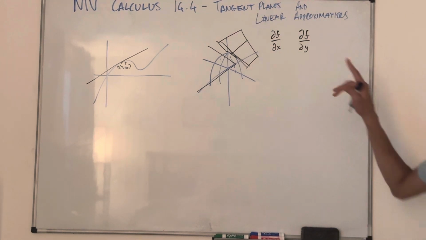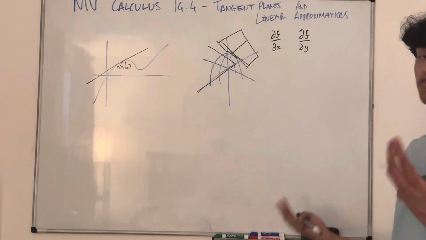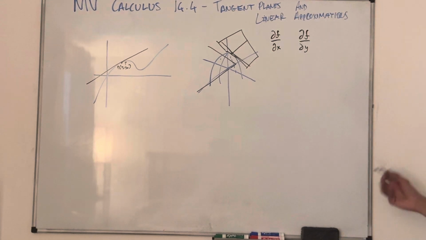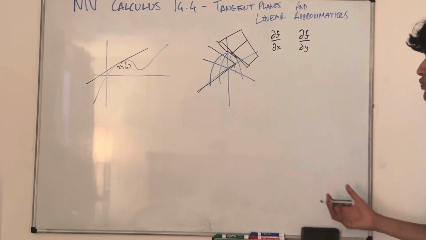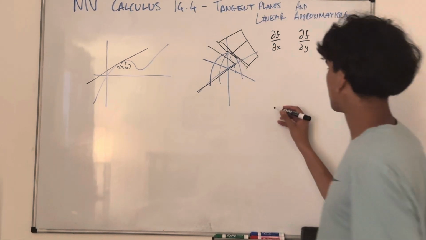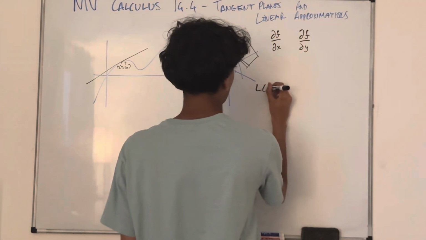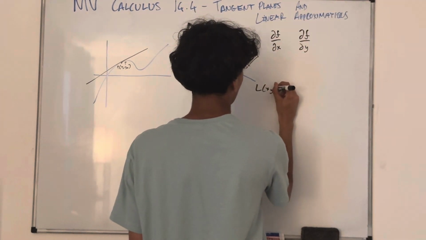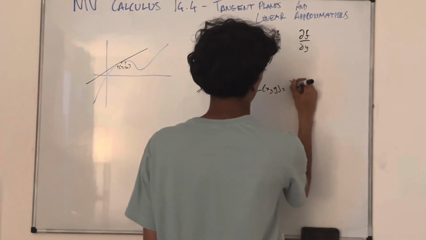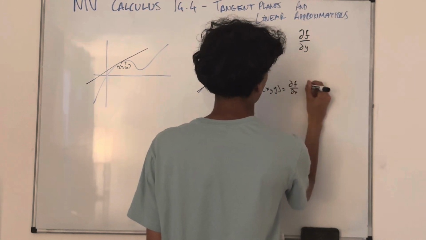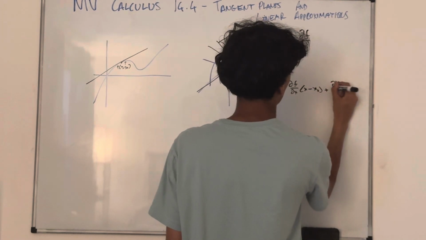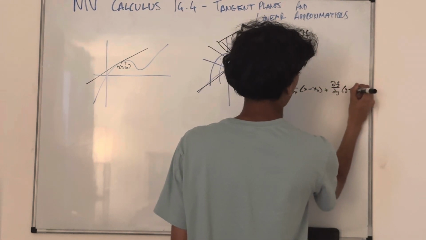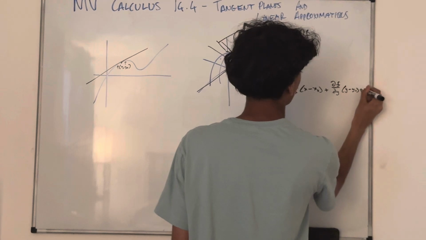So if you have both of those tangent lines lying on that plane, what you get is pretty plain and simple. The definition of the plane: L(x, y) equals partial f, partial x times (x minus x initial), plus partial f, partial y times (y minus y initial), plus z initial.